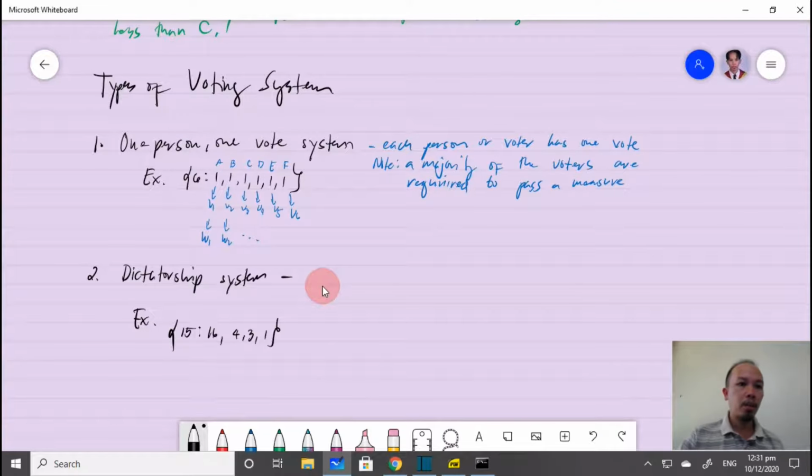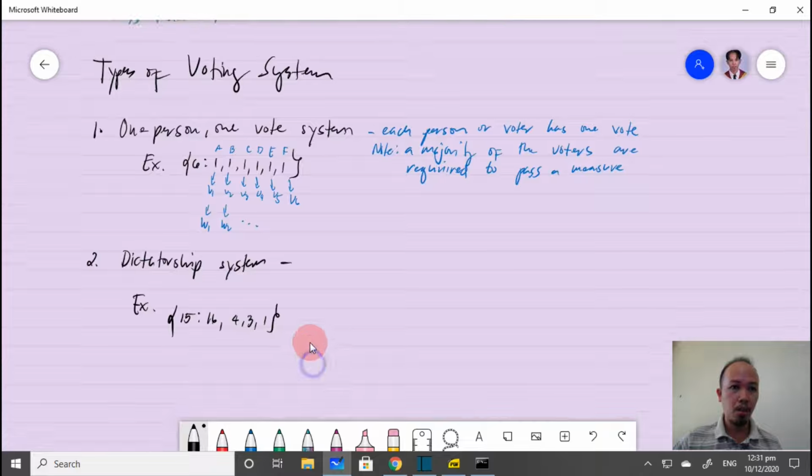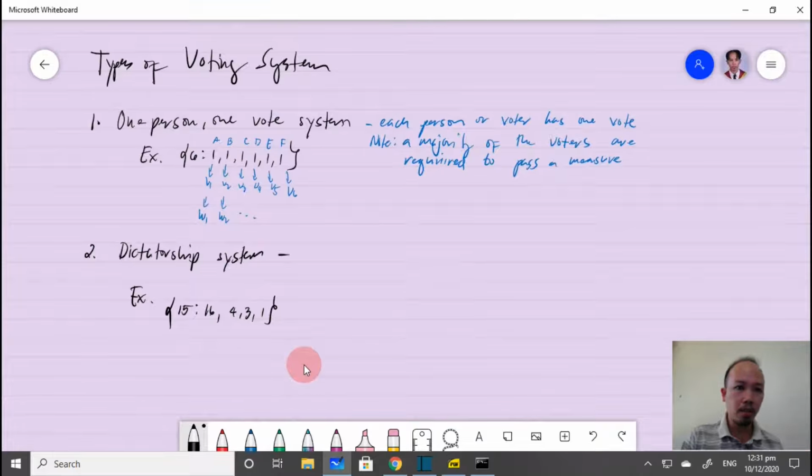In this type of voting system, which we call a dictatorship, there is a voter, voter V1, who is a dictator.